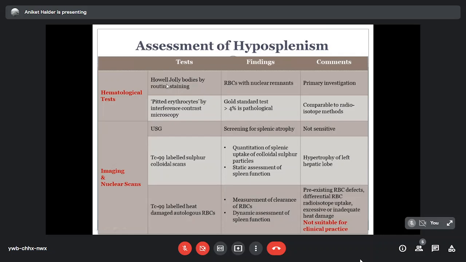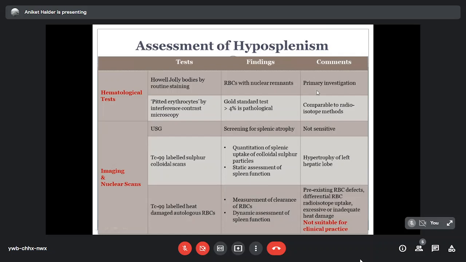If Howell-Jolly bodies are present, that should be mentioned in the blood report, and it should always alert the clinician to look for any underlying hyposplenism. So the Howell-Jolly body should be the primary investigation to assess hyposplenism.